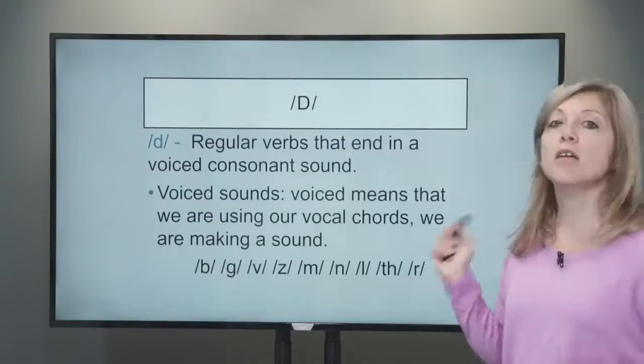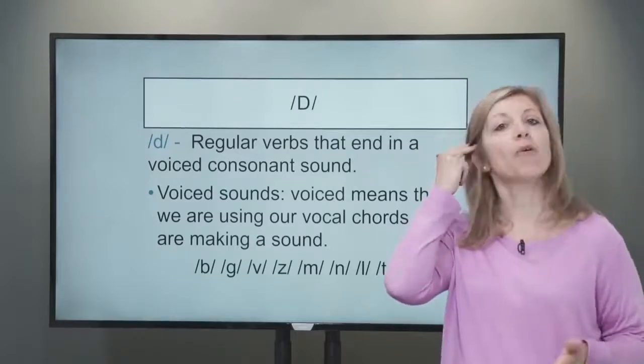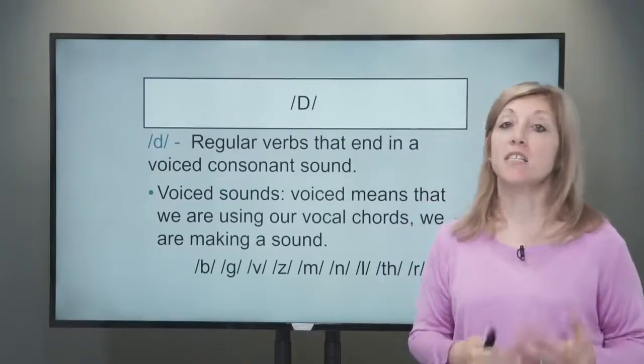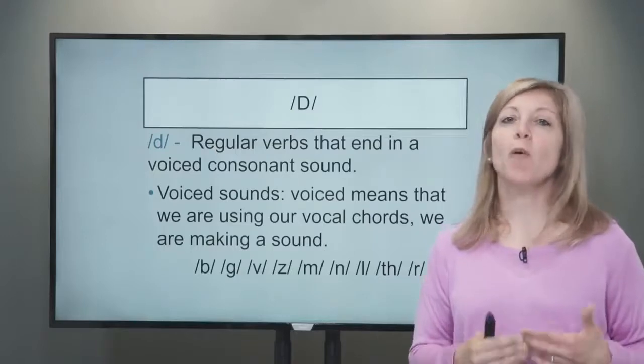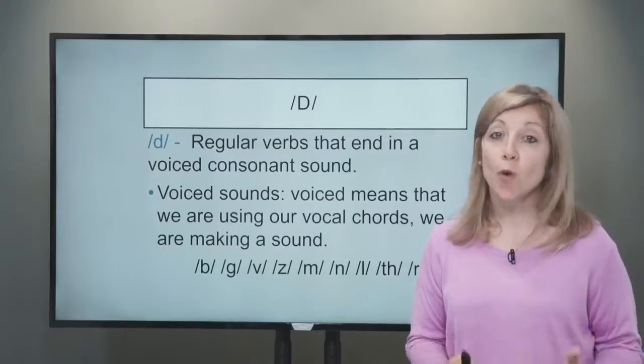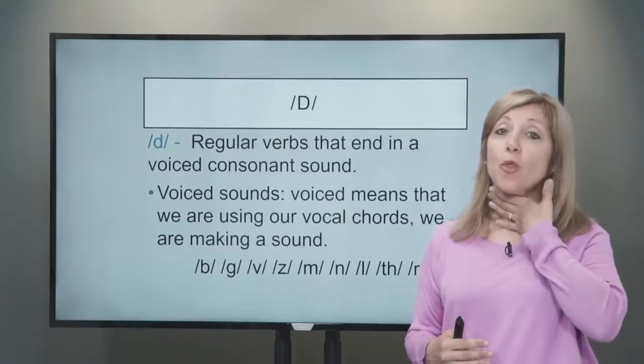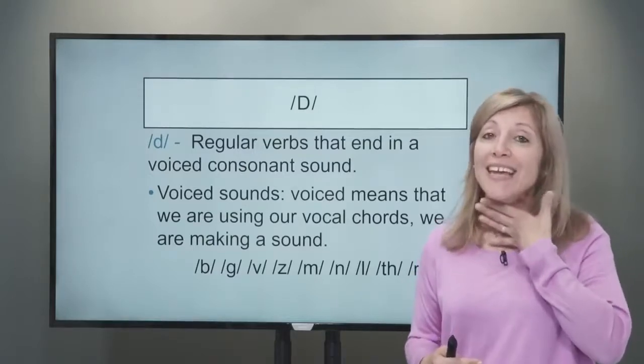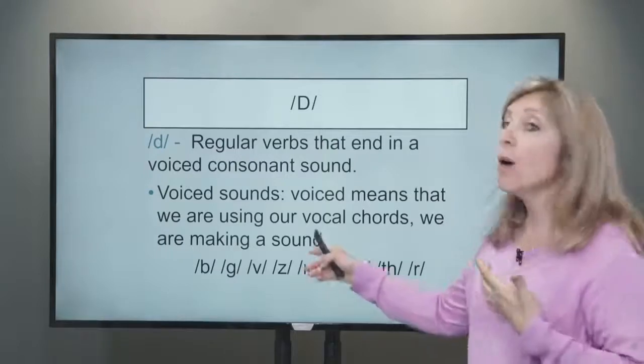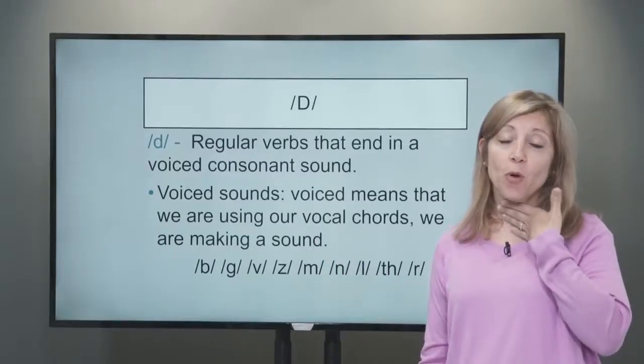Okay, now the D sound, when we pronounce ED as D. So this time it's when your regular verb ends in a voiced sound, so that we can hear it. If you put your hand on your throat, on your vocal cords, you can hear the sound, like a B, B, B. You can hear the vocal cords vibrating.